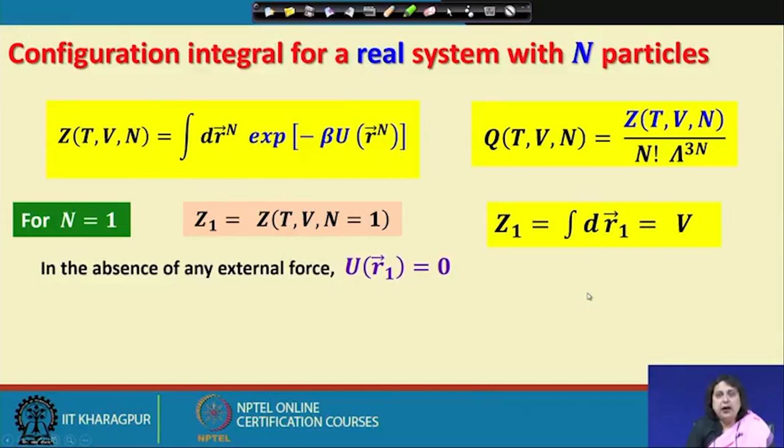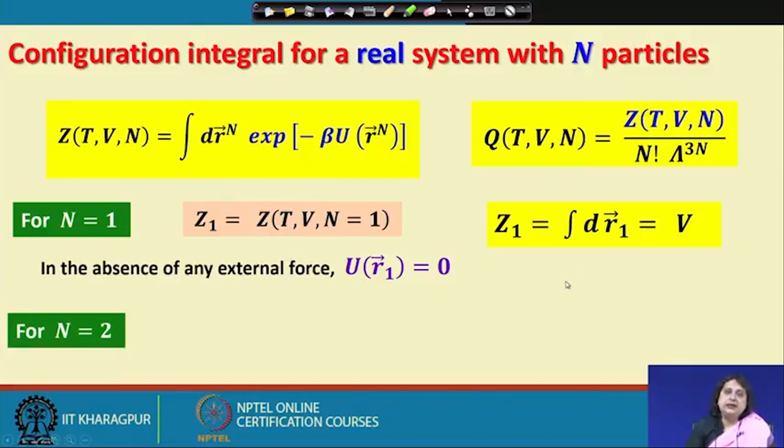When you have only a single particle in the absence of any external force field, you can very easily assume that the self energy of this single particle is equal to 0. Therefore, e to the power of minus beta U is equal to 1, and since this particle is contained within the volume V, the integral over dr1 must give me back the volume of the system.